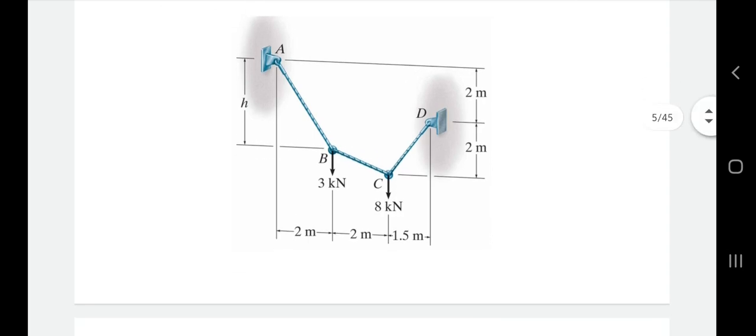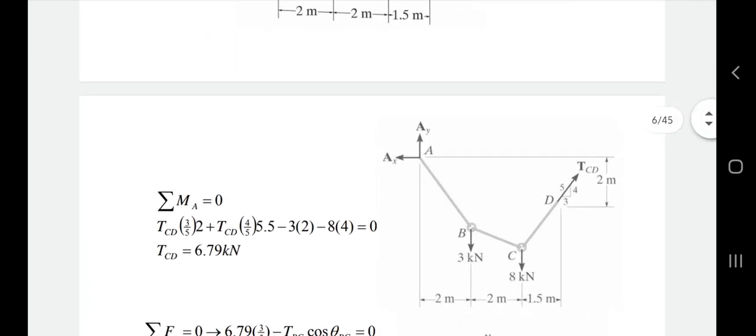In order to determine the tension in cables, first of all, we need to see the free body diagram. If the cable was cut from here, now if you recall, while making a free body diagram, you have to see the loads and the reactions on the supports, and if any section is cut like this, what are the forces that are produced within the member.